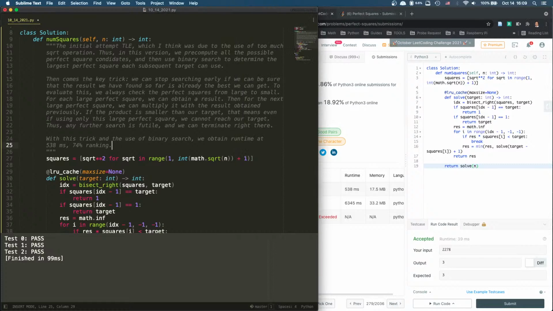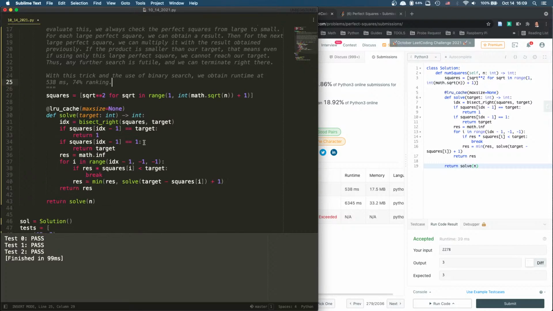What's the time complexity? This takes square root n to produce. How about the solve?